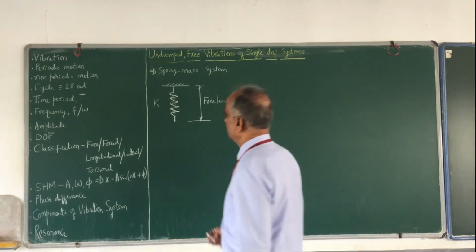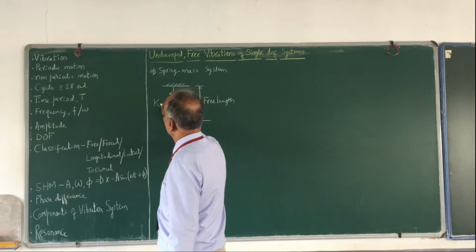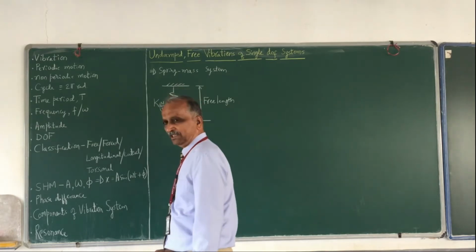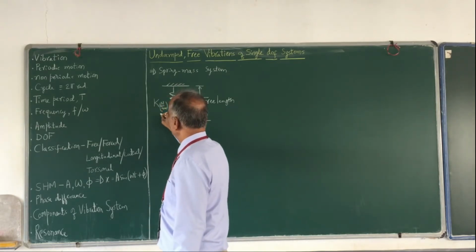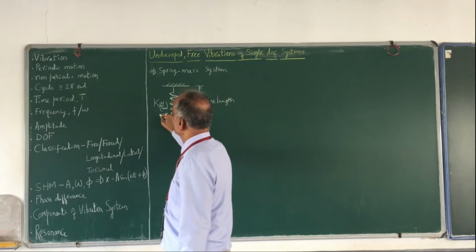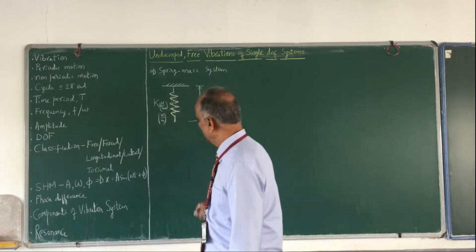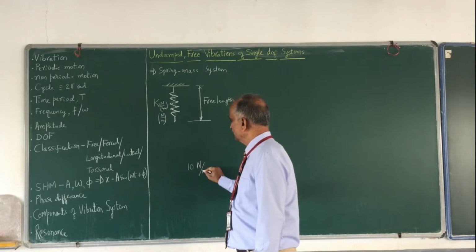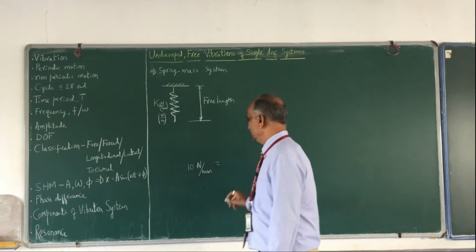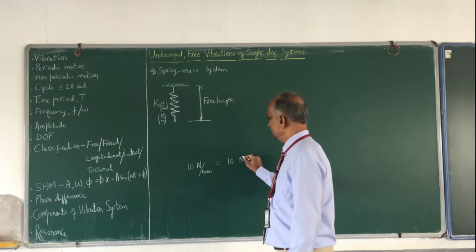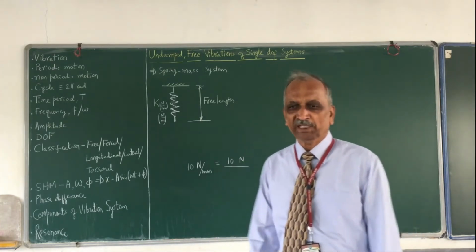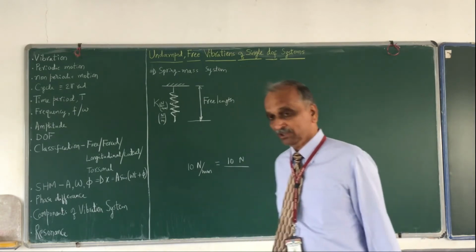So K, what unit shall I go for? This is Newton per millimeter or Newton per meter. If it is in Newton per millimeter, you can convert it into Newton per meter also. If you have, say, 10 Newton per millimeter, you can easily convert it. Say 10 Newton as it is, but I don't want millimeter, I want meter. 1 millimeter is how many meters?